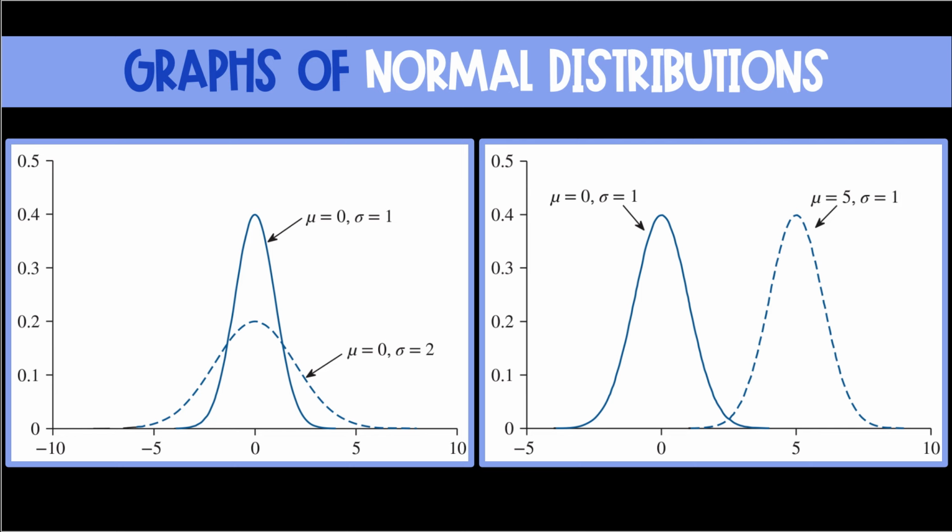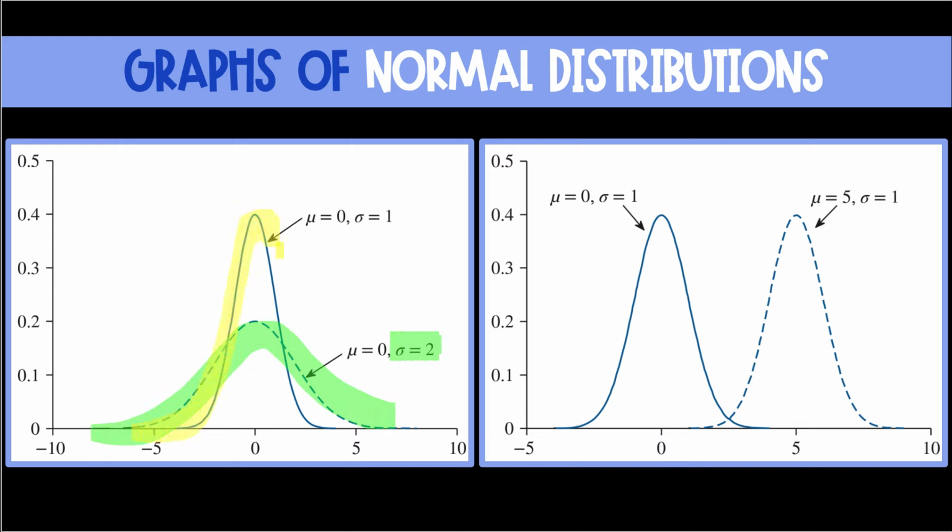Here are a few examples of what we mean. Let's suppose we have two normal distributions, one that has a standard deviation of 2 and another one that has a standard deviation of 1. Both have the same mean. Both have mean 0.